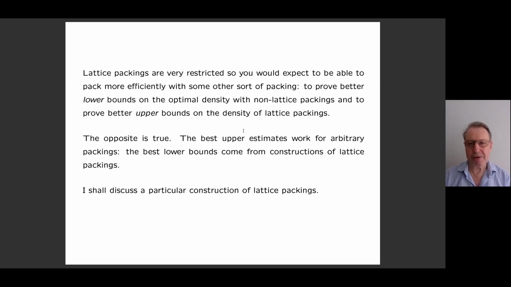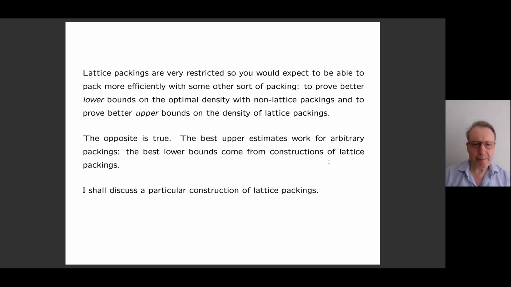In practice, the opposite is true, and actually this is the sort of thing that can happen quite often in mathematics, this sort of counterintuitive phenomenon, that the best upper estimates work for arbitrary packings, while the best lower estimates come from constructions using lattice packings.